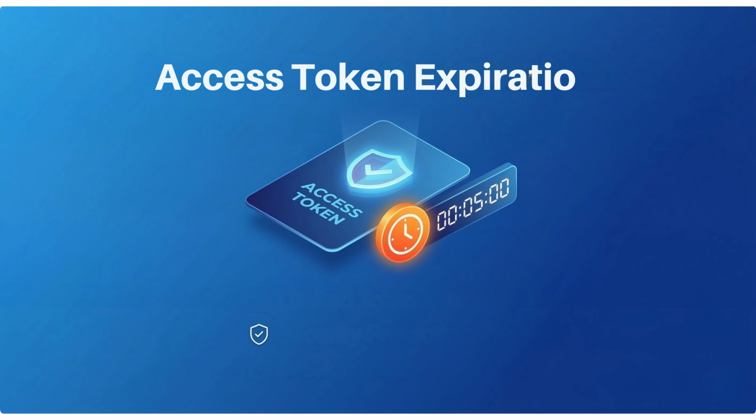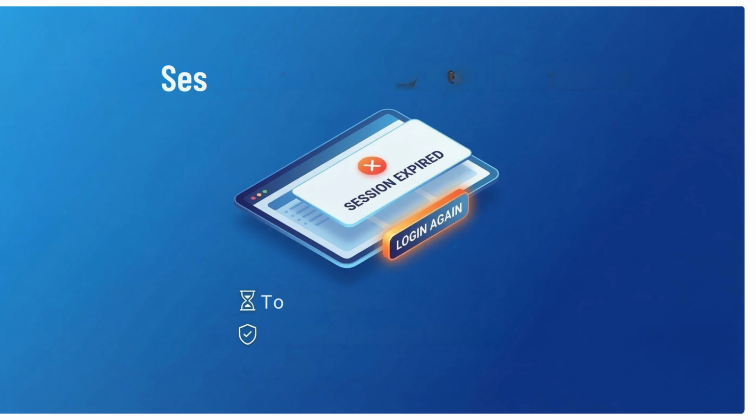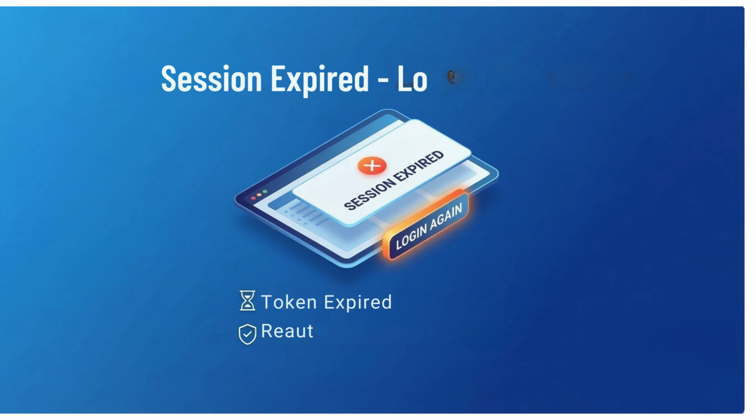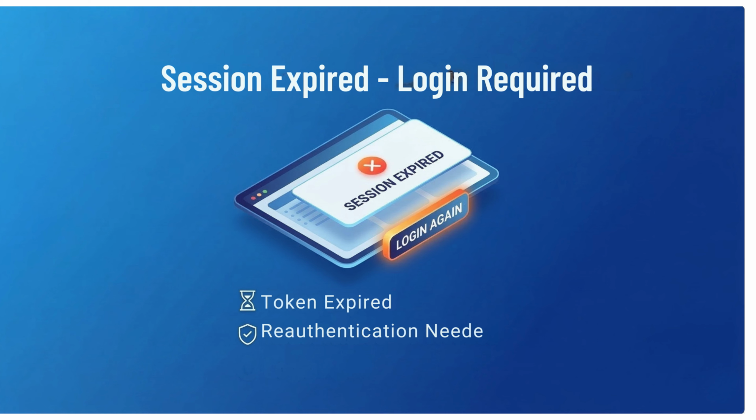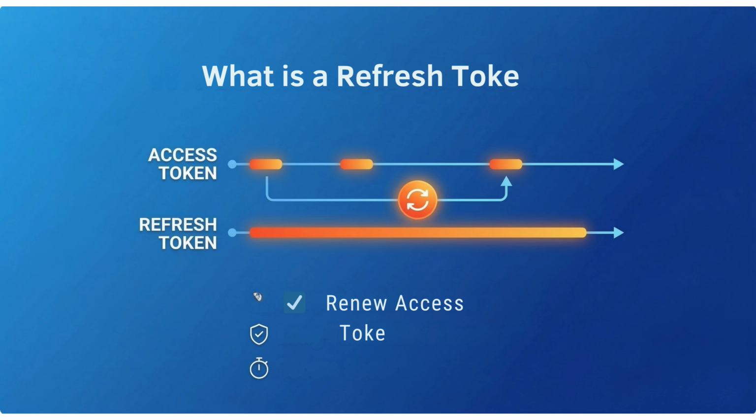Refresh token flow. Access tokens usually expire after a certain period of time for security reasons. If the token expires, the user would normally need to log in again. To prevent this inconvenience, applications use something called a refresh token.